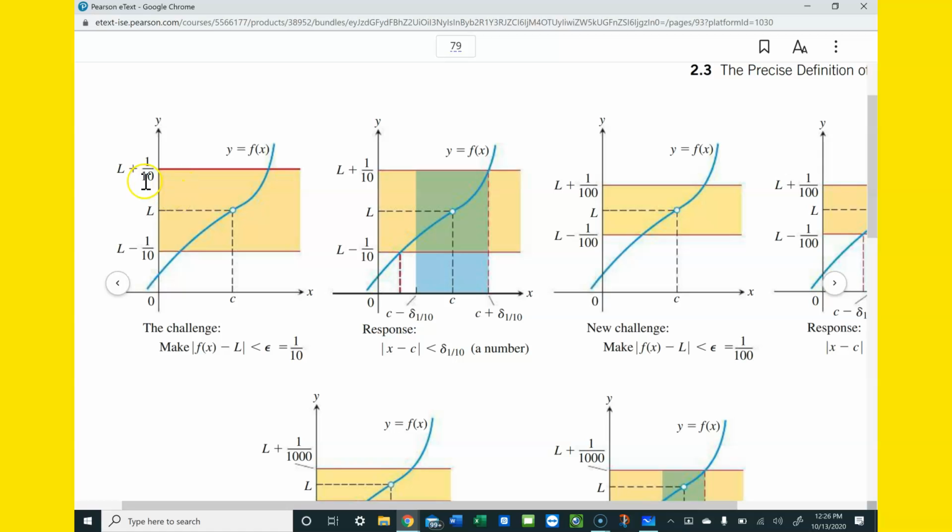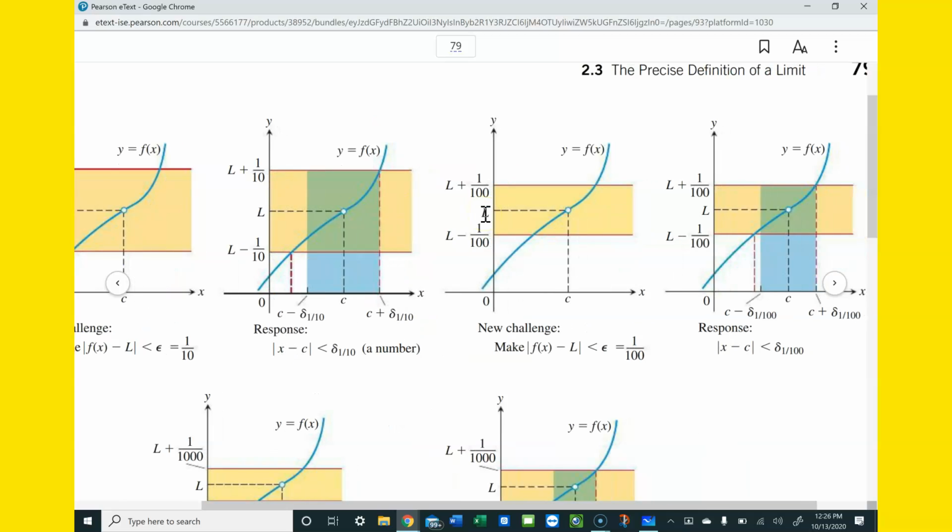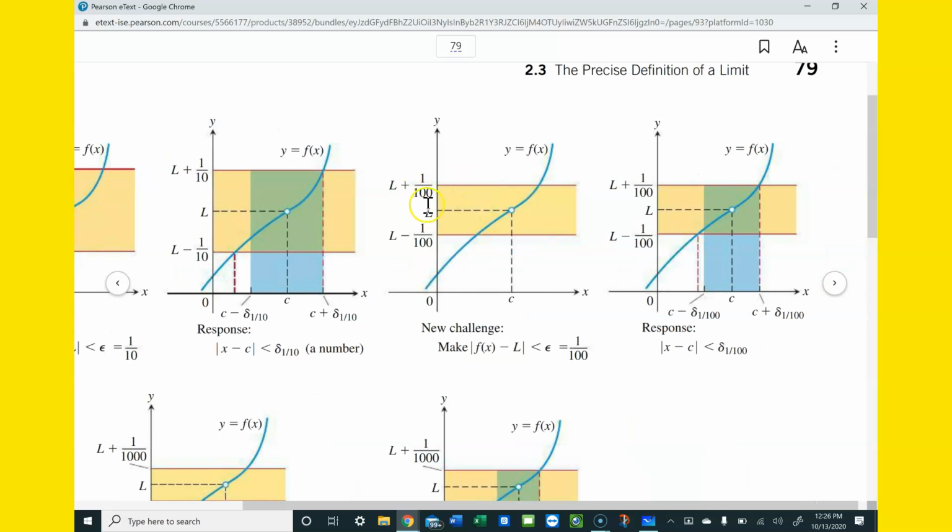All right, here's an illustration. So the skeptic says, I bet you can't get it to within 1/10 of a unit from L as x approaches c. And so the scholar answers him, bet I can. And he finds this delta value that gets the values of x to within 1/10 of a unit of the limiting value L. So the skeptic says, I bet you can't do it to within 1/100th.